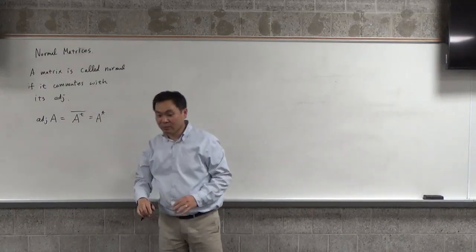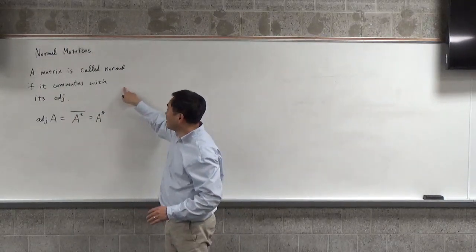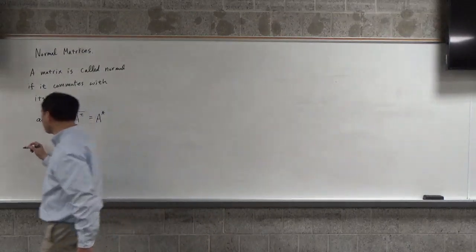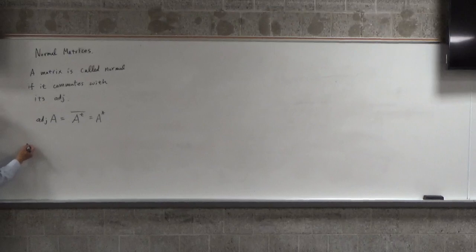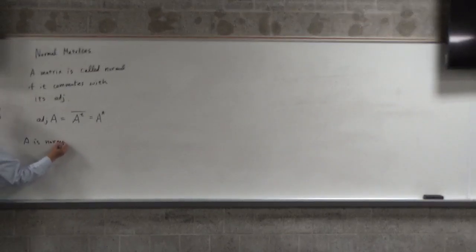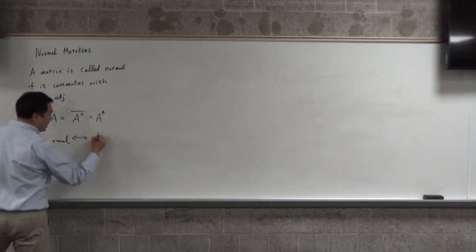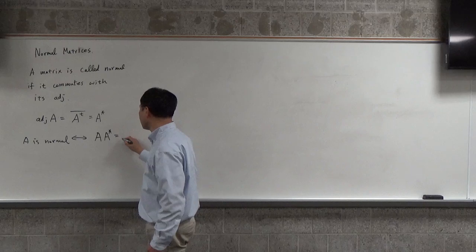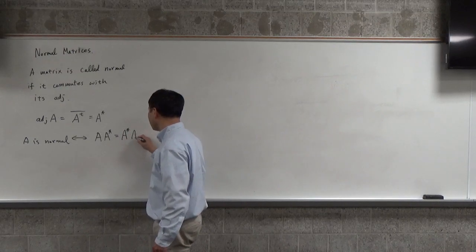That's called A star. And instead of saying all this, another definition would be just: A is normal means A and A star commute. So A times A star is the same as A star times A.